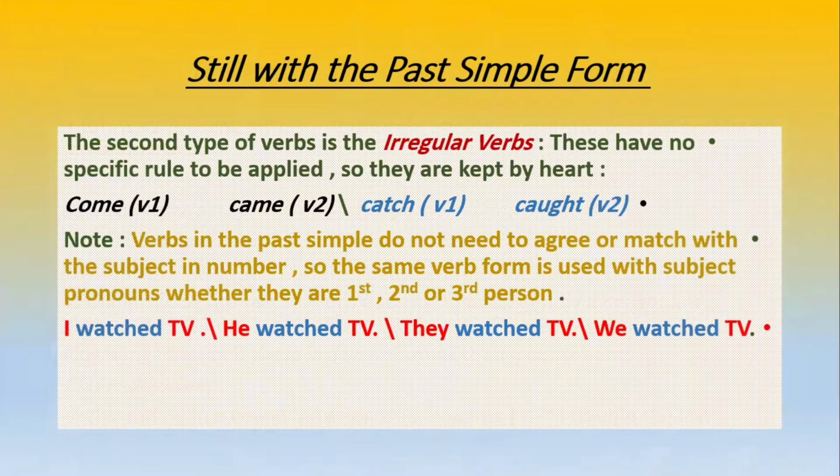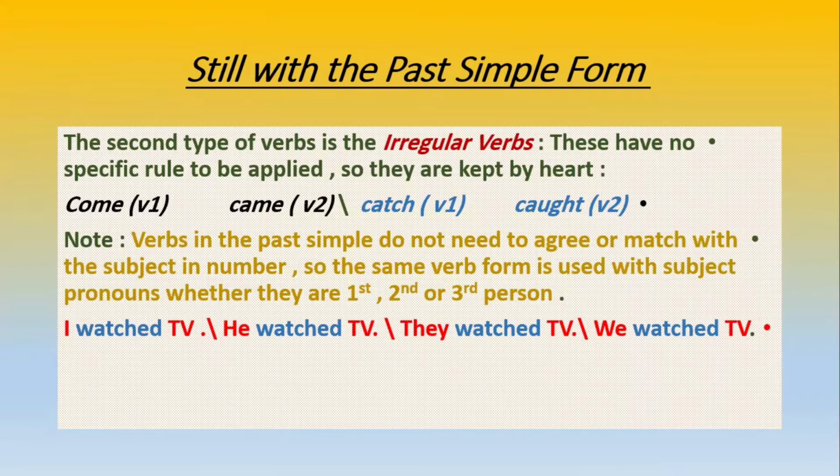We do not have any specific rule to be applied to the irregular verbs. Rather, they are kept by heart. We learn them well, we memorize them, like, for example, come, came, catch, caught, see, saw, and others.